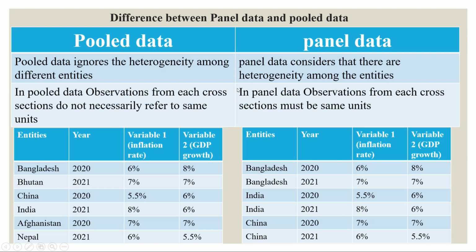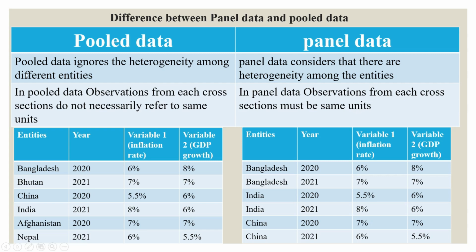But from some sources, I have found another difference between pool data and panel data. In pool data, observations from each cross section do not necessarily refer to the same unit. But in panel data, observations from each cross section must be the same unit.